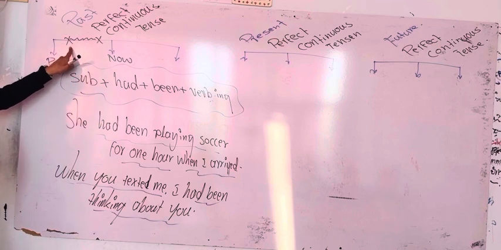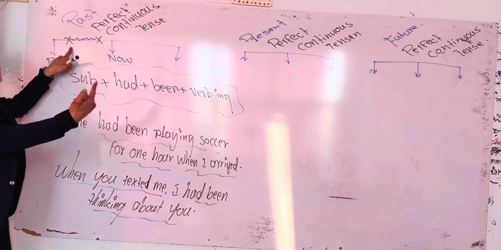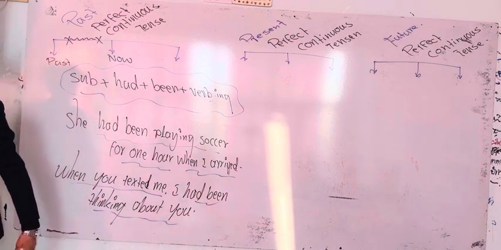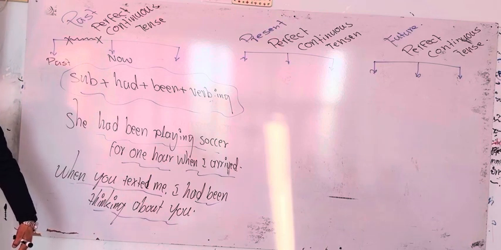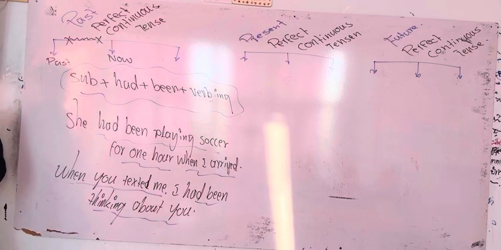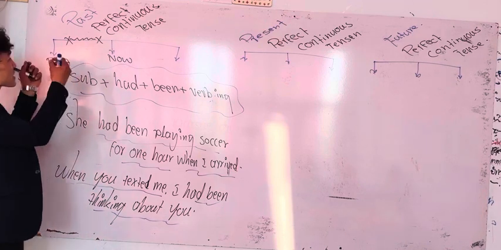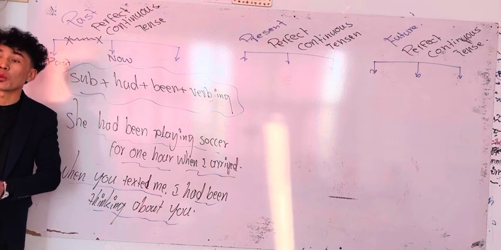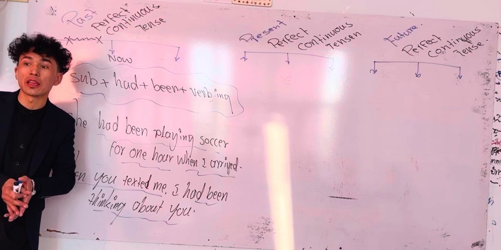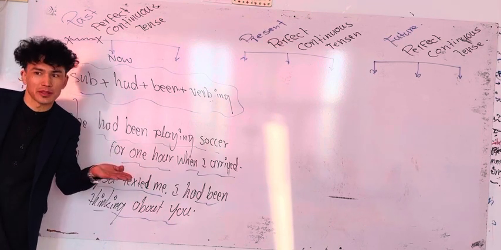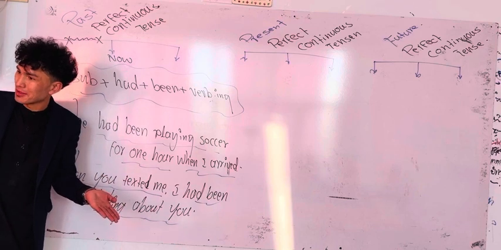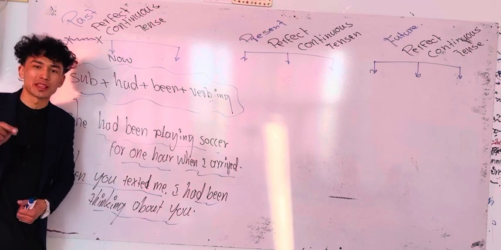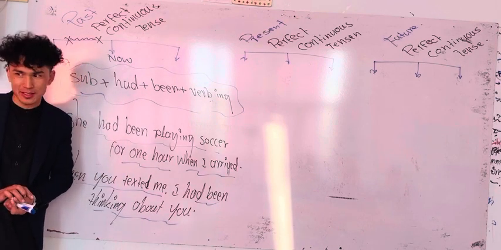An action started in the past and was in progress until another action happened. We have to mention the time. The time is very important. Did you understand? If the time is not that important, you can instead use past continuous tense. For example, I was talking to you when you came to me. The period of time is not mentioned here. Past continuous makes sense here as well. Yes. Did you guys understand?